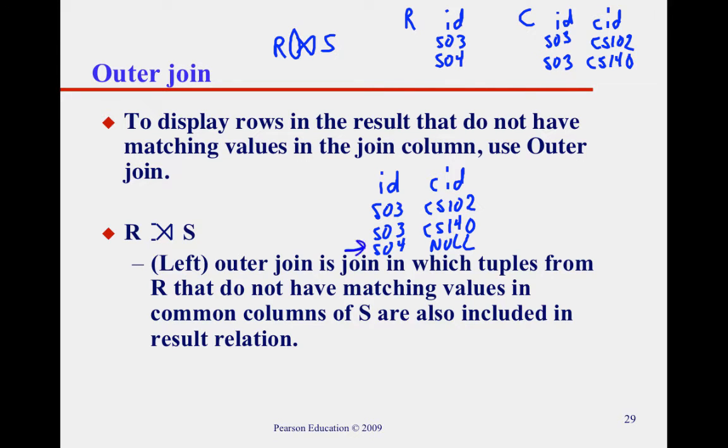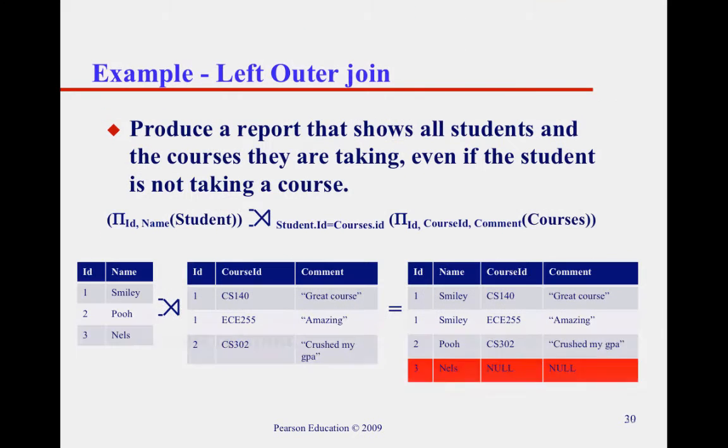So S4 participates even though there's no S4 in the course relation. So that's the form of the outer join. And then we just did an example. I'll let you look at that later.